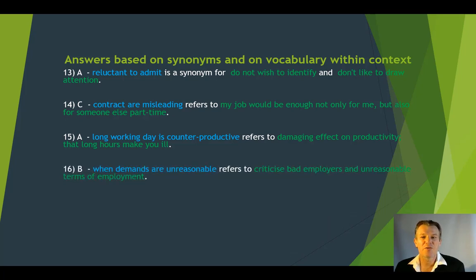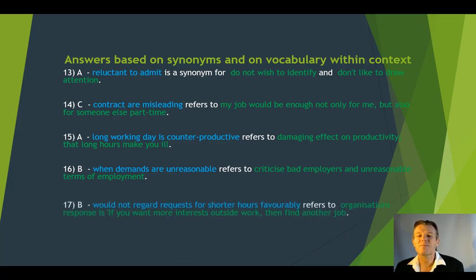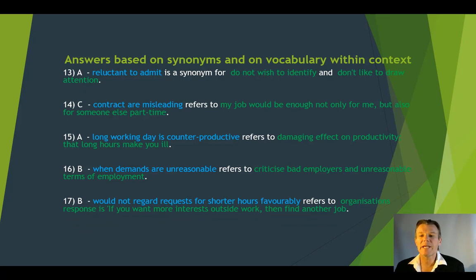Question 16, the answer is B. Again, the STEM question said when demands are unreasonable, and this refers to criticize bad employers, and unreasonable terms of employment. 17, the answer was B. Would not regard requests for shorter hours favorably. And this refers to organizations' response is if you want more interest outside work, then find another job. Meaning you will lose your job if you asked for shorter hours.